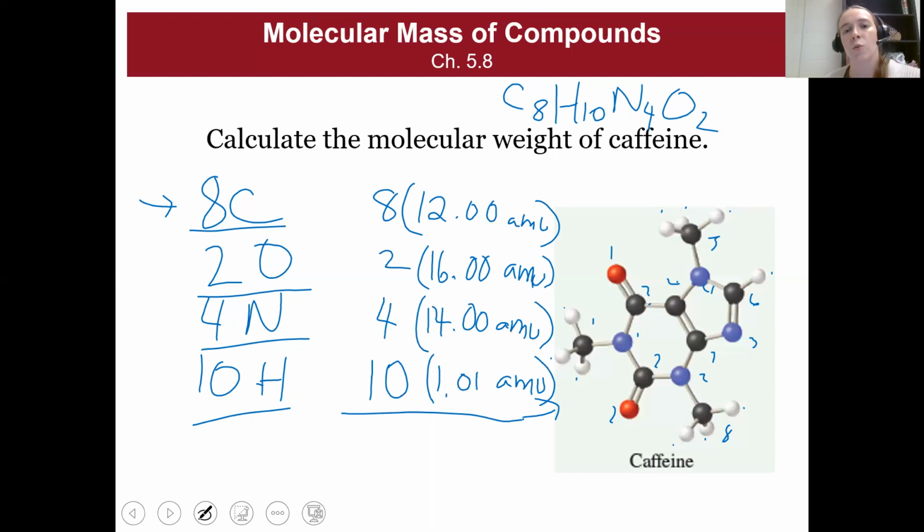All right, so we multiply those and then add it all together. So if I take my calculator and I do parentheses 8 times 12, plus 2 times 16, plus 4 times 14, plus 10 times 1.01, that adds up to 194.1 AMUs.